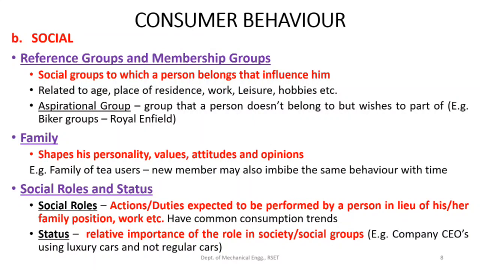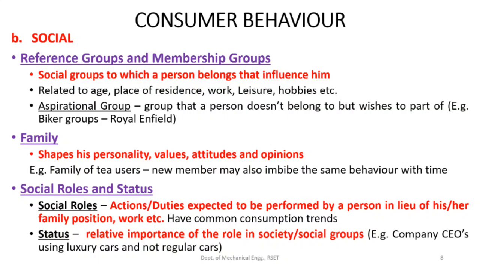The third important social factor is social roles and status. A social role refers to actions or duties expected to be performed by an individual in lieu of his or her family position, work, etc. People having similar social roles have common consumption trends.